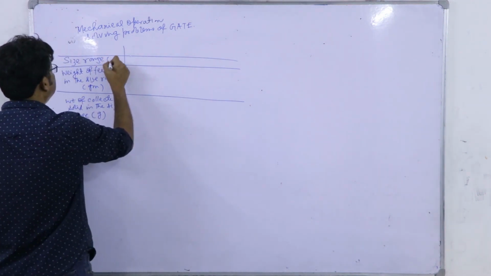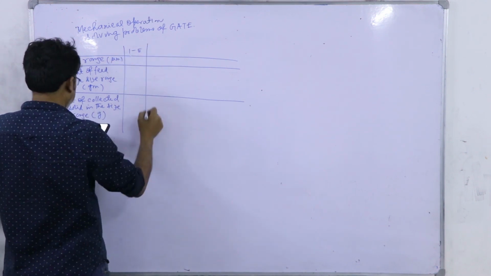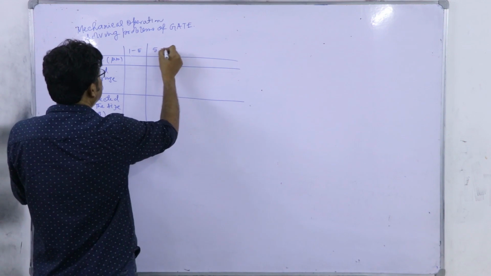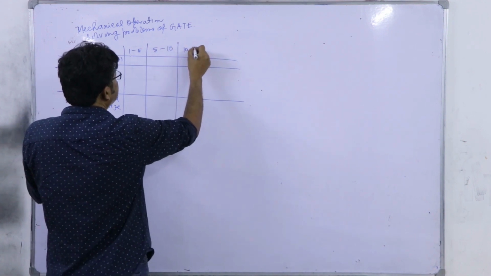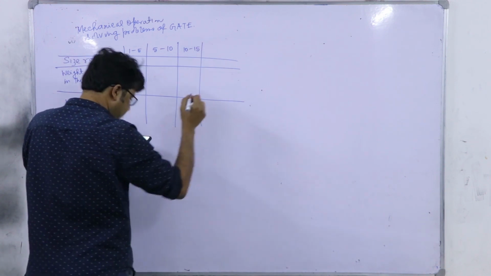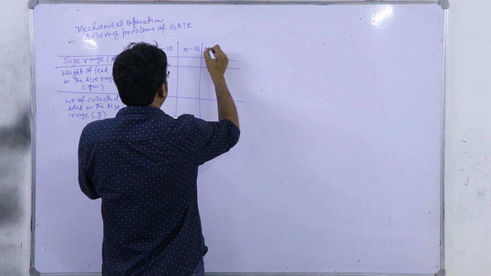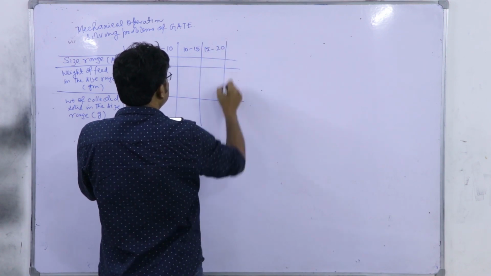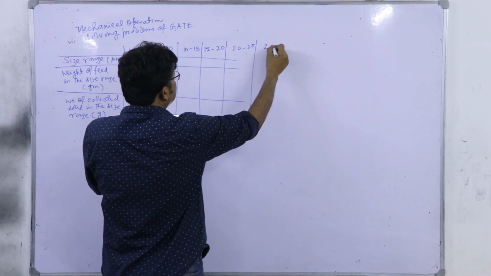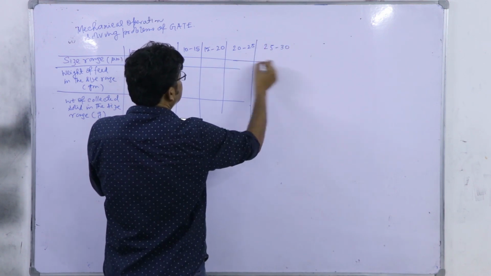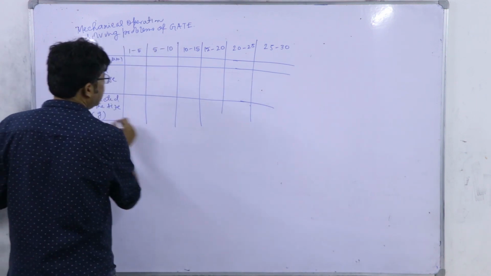Now, the size range is in micron: 1 to 5, 5 to 10, 10 to 15, 15 to 20, 20 to 25, 25 to 30. So, these fractions are given.